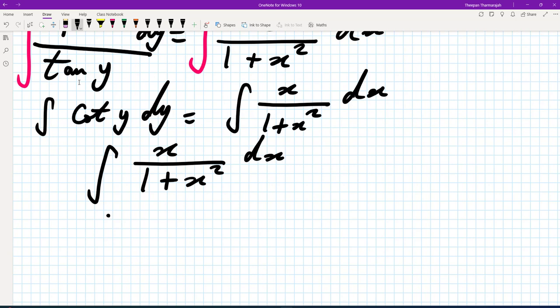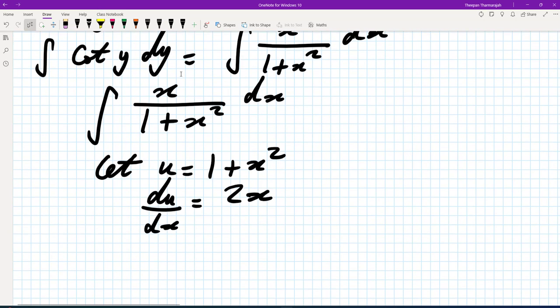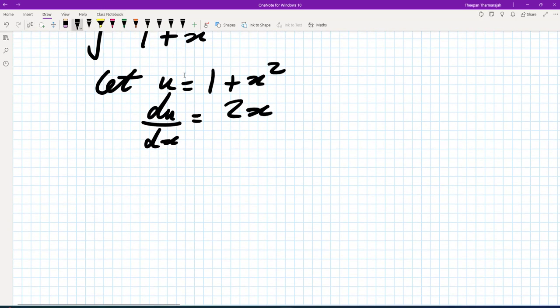So we're going to say let u be 1 plus x squared. du by dx is 2x. Then we're going to say du is 2x times dx.